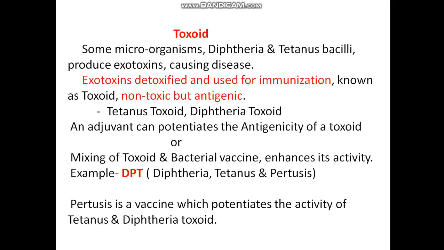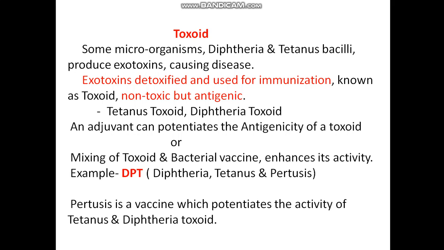Toxoid: certain microorganisms produce exotoxins, such as diphtheria and tetanus bacilli, and these exotoxins are detoxified and used for immunization. These are non-toxic but they are antigenic.